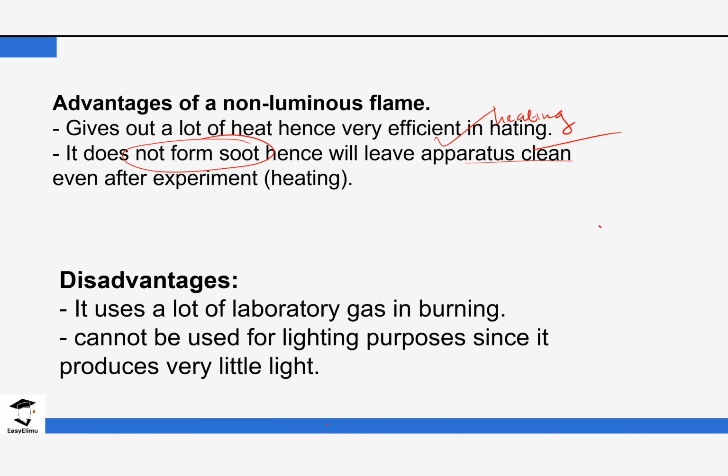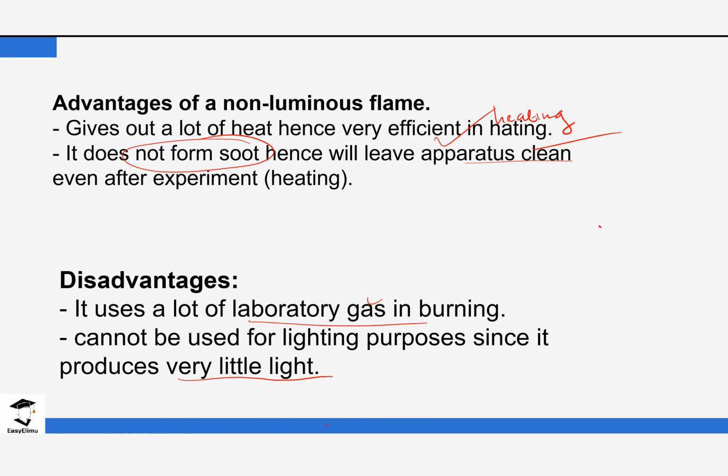And then some of the disadvantages of this non-luminous flame: it usually uses a lot of laboratory gas because there's complete combustion, so most of the gas is being used up. And then it's not used for lighting because it does not produce a very bright light.